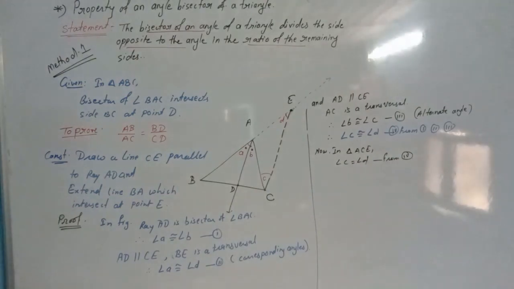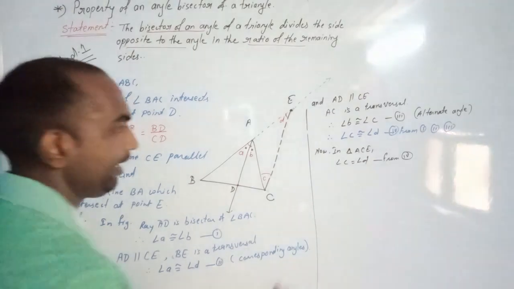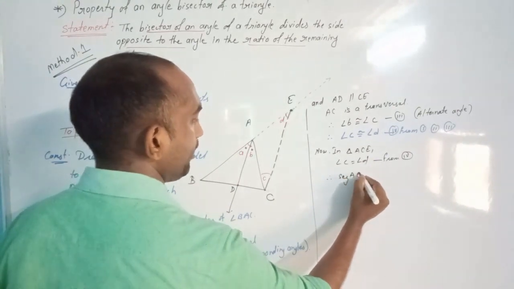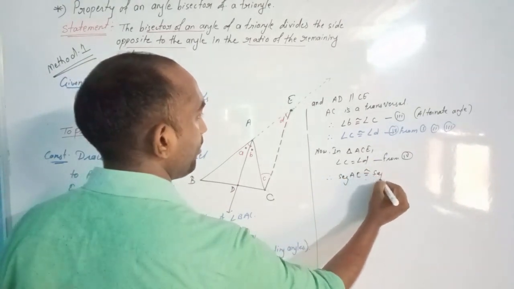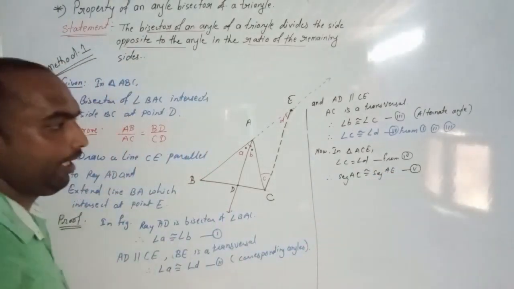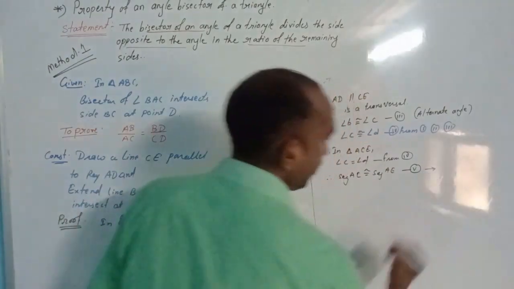So as we know, in a triangle, if two angles are congruent, then the sides opposite to those angles are congruent, and this theorem is known as the converse of the isosceles triangle theorem. Clear? So by that property we can say segment AC is congruent to segment AE. That's point number 5. And why do we get this? By converse of isosceles triangle theorem.